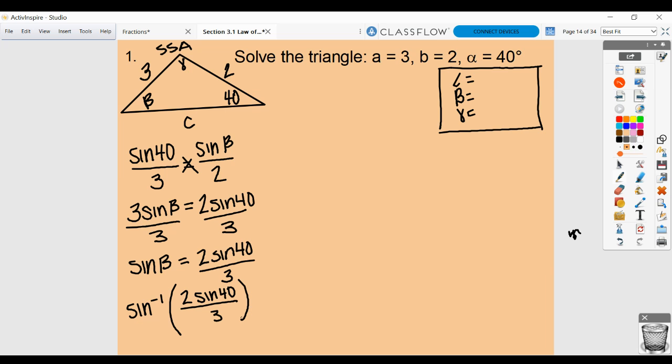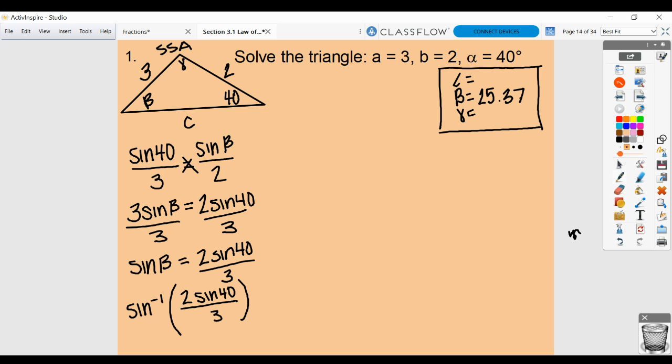Okay, now you just have to be very cautious when you do this. So you need to do the inverse sine of 2 sine 40. It is very, very important to close that parenthesis after the 40, or it will not work. And then divide by 3. And beta ends up being 25.37.